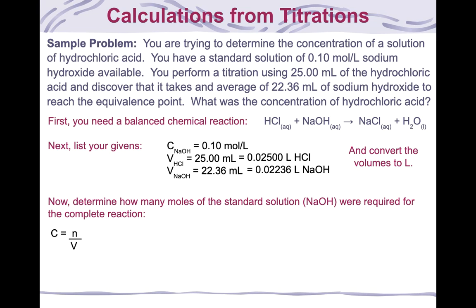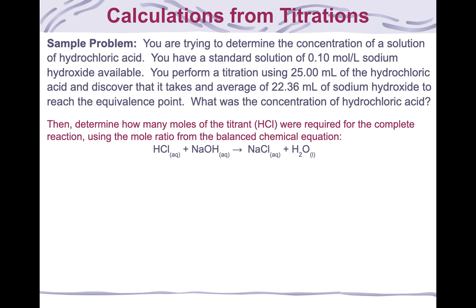So you might remember this equation: the concentration equals moles over volume, and we're going to rearrange that to find the number of moles, concentration times volume. We're going to use the concentration of NaOH and the volume of NaOH, and we're going to discover that it was 0.002236 moles of NaOH that we used for the complete reaction.